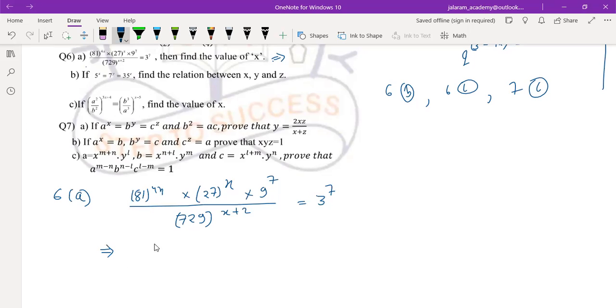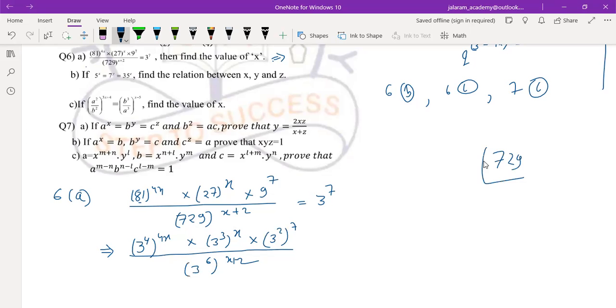It implies what? What are the factors of 81, prime factorization? We get 3 to the power 4, whole to the power 4x, into what? 3 cube whole to the power x into 3 square whole to the power 7 over 3 to the power what? 3 to the power 6, whole to the power x plus 2.